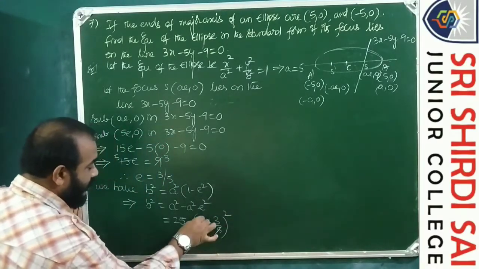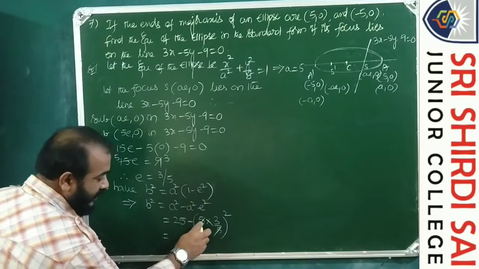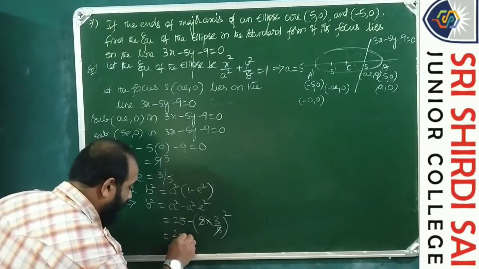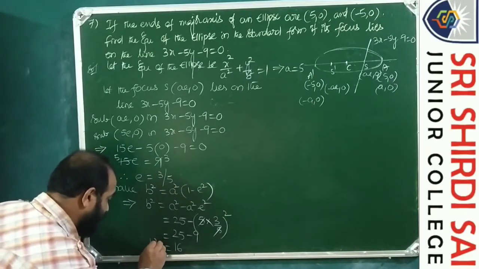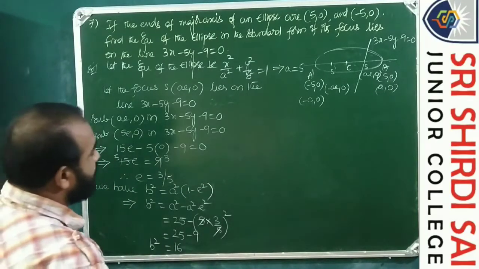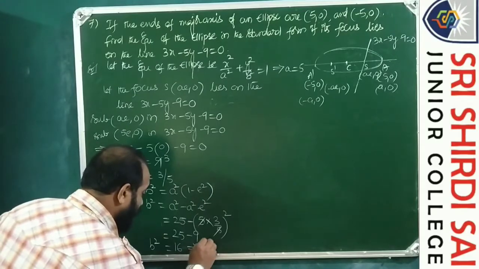So 5 square, 5 gets cancelled. 25, 3 square is 9. 25 minus 9 which is 16. So b square is equal to 16. So from this b is equal to 4.